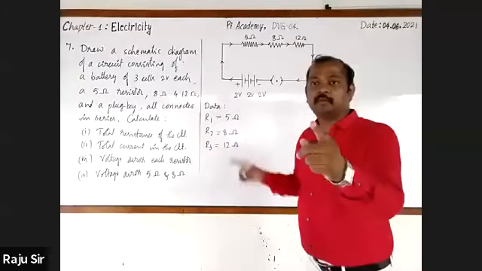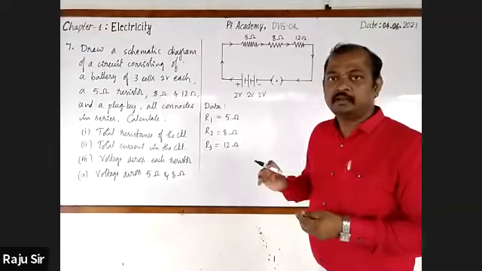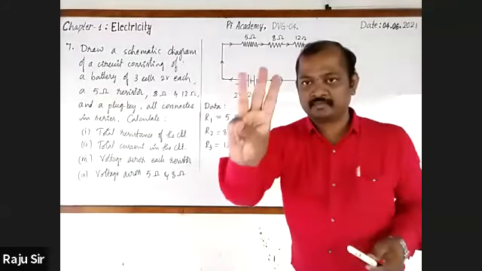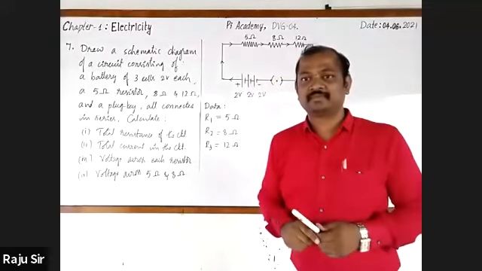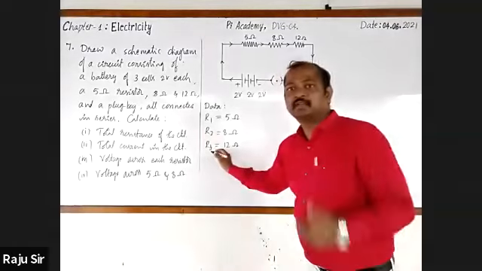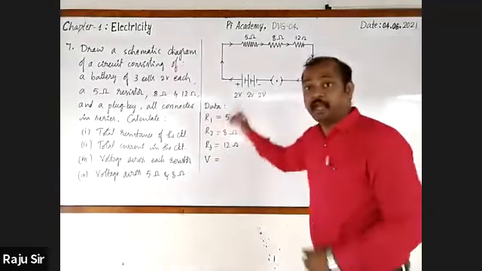Next, here is the voltage of the battery. They have given the potential difference of each cell. How many cells are given? Very good, it is 3. So then the voltage of the battery can be found out by adding all these.